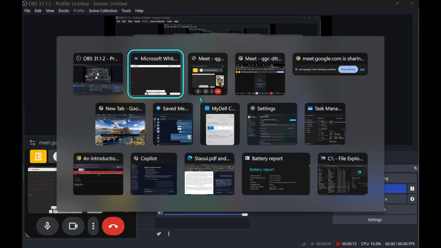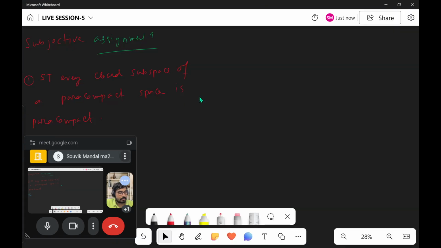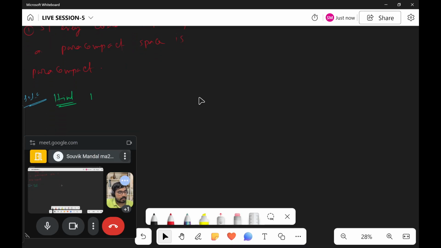Basically, the hint is to replicate the proof from the compactness situation.